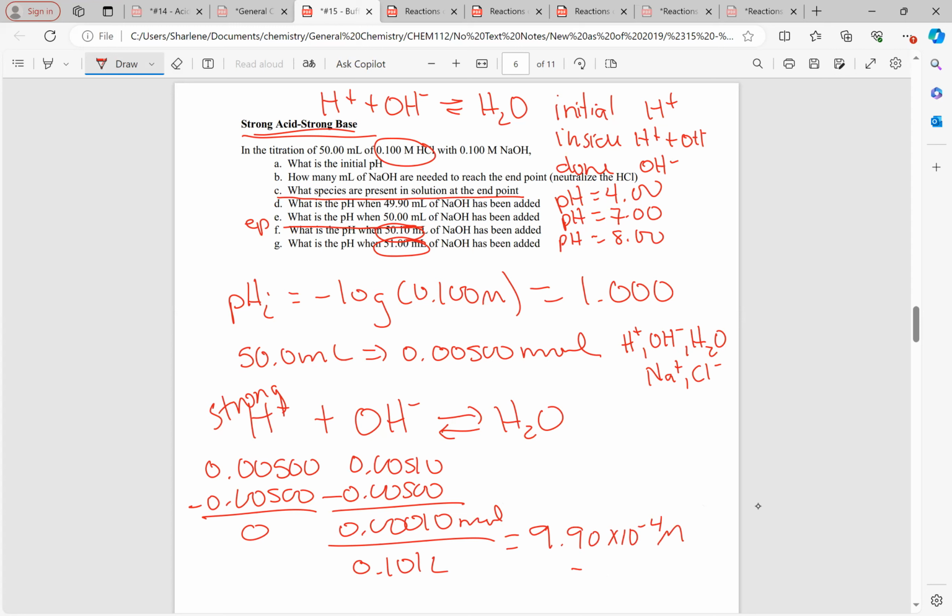And take the negative log. Calculator says 3. And then so the pH is 11.